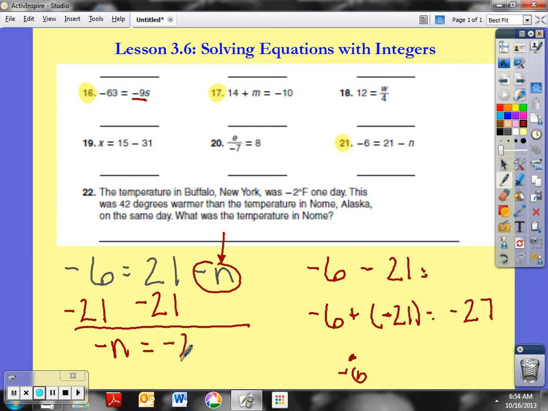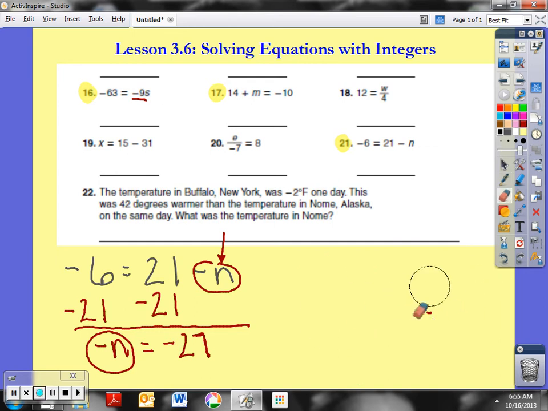Now, something that looks odd about this solution is I have a negative variable. But I don't want to figure out a negative variable. I want to know what the variable is for positive. We're not solving for a negative variable. And let's take a look real quick to see what this would look like if I substitute it back in. So now I have negative 6 is equal to 21 minus, now we say this is a negative 27, right?